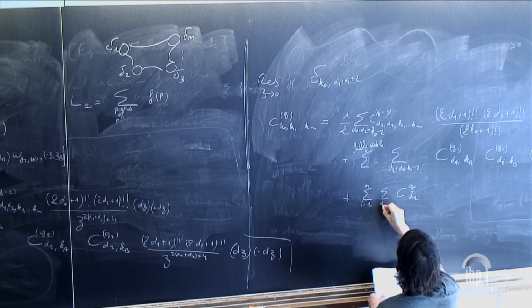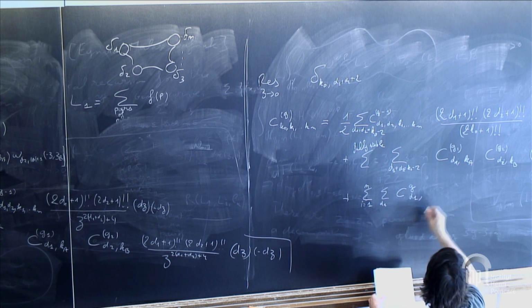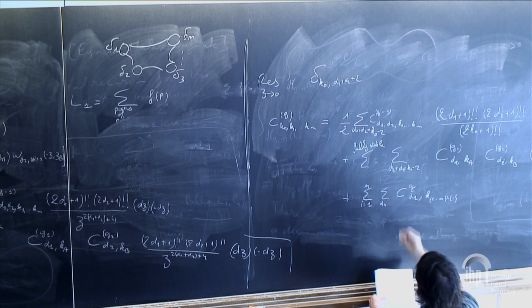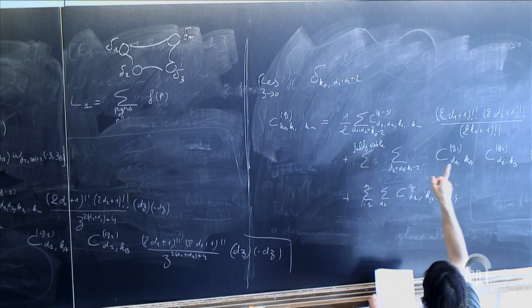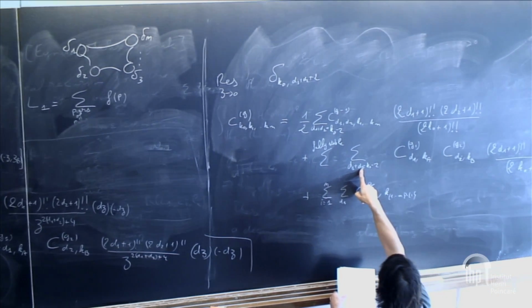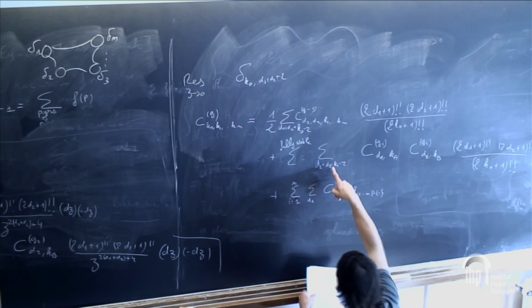So you make a sum over d1, K and the set 1 to n minus the element i. And now the constraint is that d1, you do exactly the same thing as before, except that you replace d2 by minus ki.